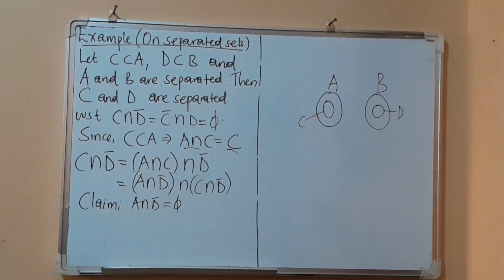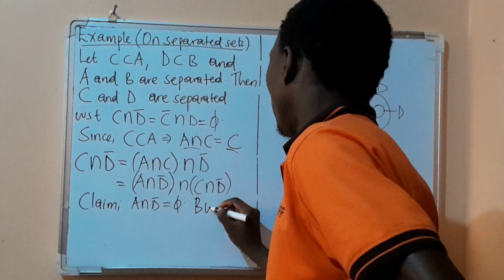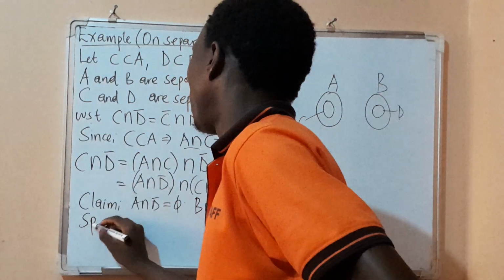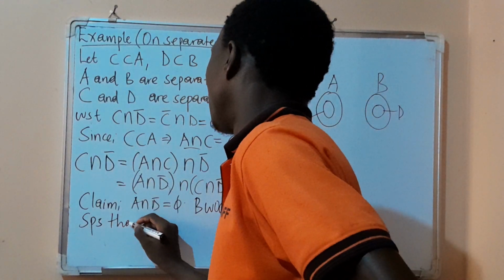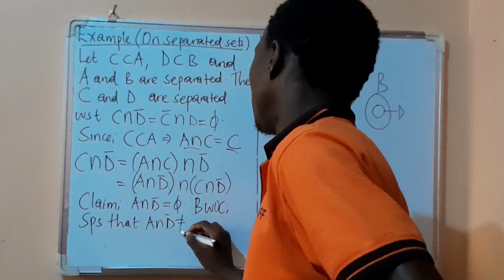That claim is going to help us complete that proof. If we are able to prove that claim, then we are done. So we are going to prove this by way of contradiction. Suppose that A intersection D closure is actually not empty.